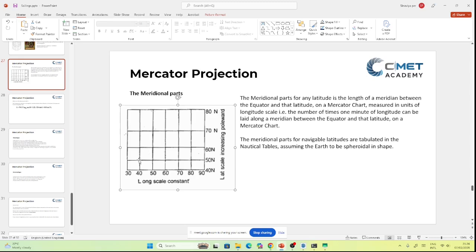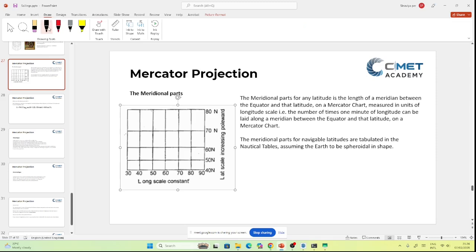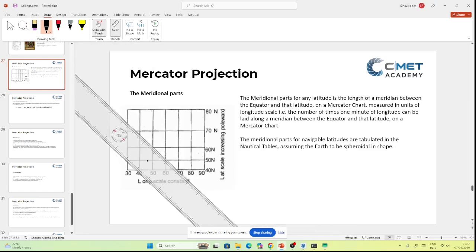Are we clear, guys? Okay, let me draw a line. Let's say you have a course between these two points. Assume that this is a straight line, okay? Okay, let's use the ruler.